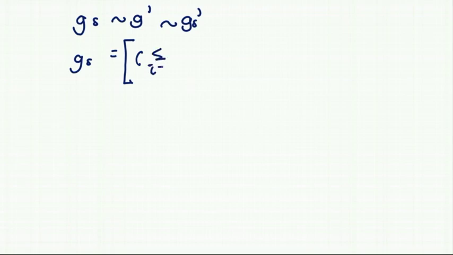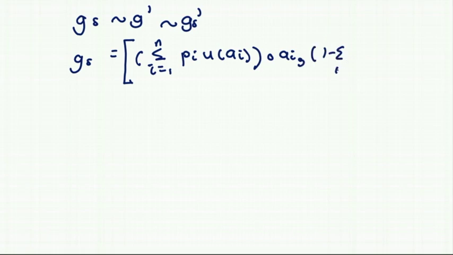The sum of i equals 1 up to n of p_i u(a_i), close, and then close the circle bracket again, composite of a_1, comma, open the circle bracket, 1 minus the summation of i equals 1 to n of p_i u(a_i), and close the bracket, composite of a_n, and then close the circle bracket.